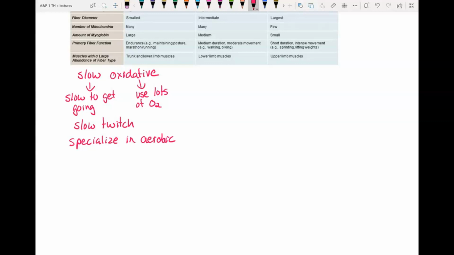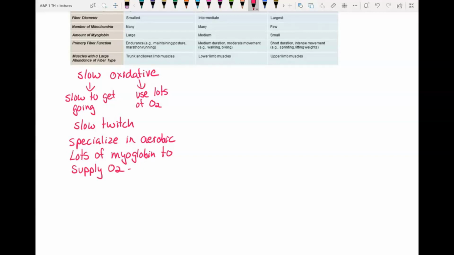So think about the physical features they would need in order to specialize in aerobic respiration. Aerobic uses oxygen. So that means they're going to have lots of myoglobin because they use lots of oxygen. And myoglobin is red.